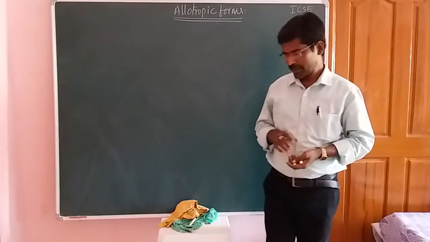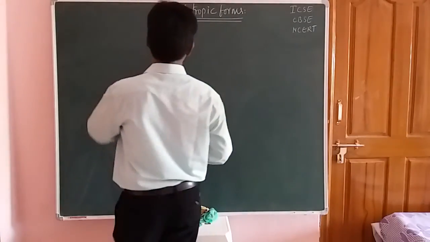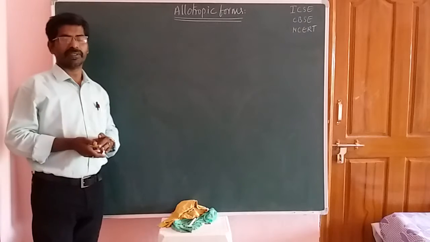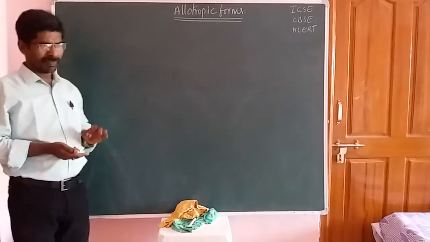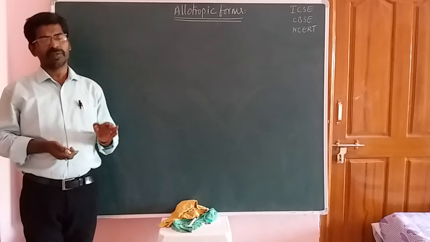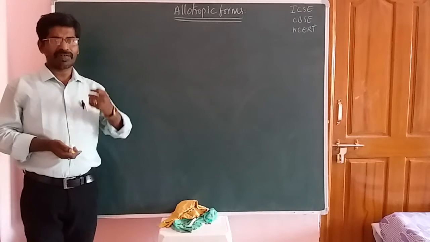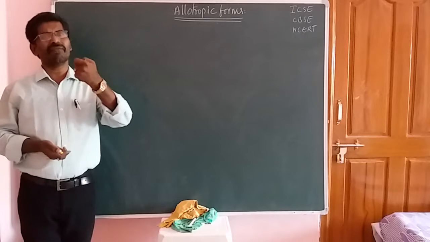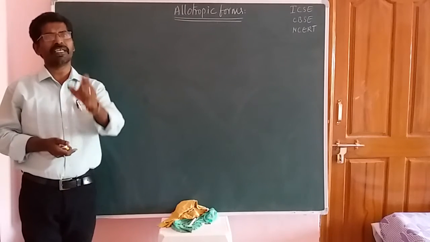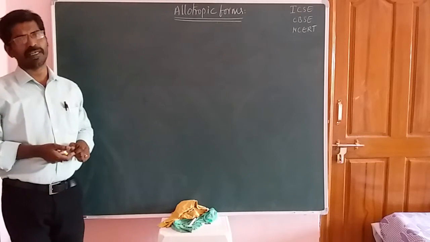Okay students. First of all, what is meant by allotropy and allotropic forms? Allotropy means the existence of an element in different physical forms, but it behaves and shows similar chemical properties.